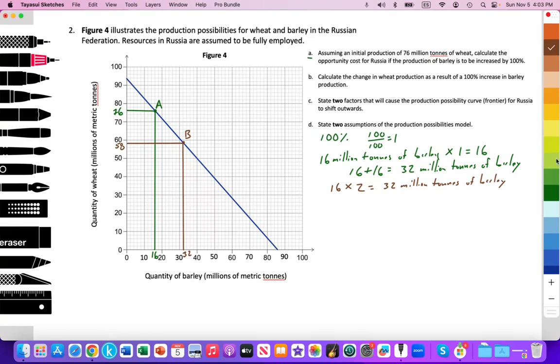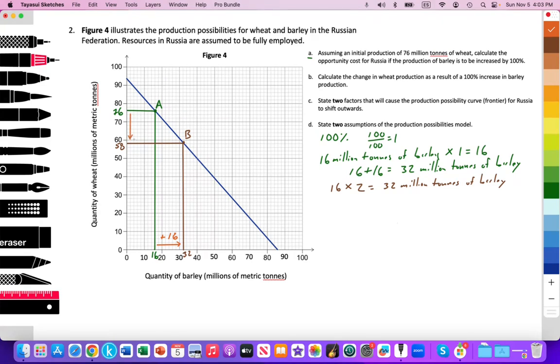I'm going to annotate a few things on the model so it's clear what's going on. Here I've increased barley production, and the gap here is an additional 16 million tons of barley. In order to do that, I've reduced my wheat production.